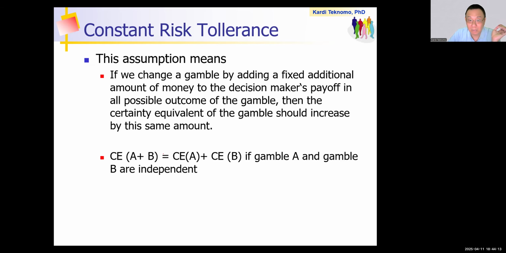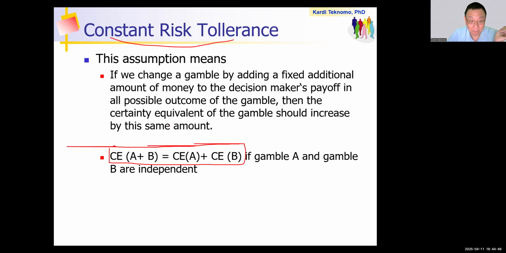So if you can see this value in the formula, then this is an indicator that gamble A and gamble B are independent. This is very similar to probability value. So that's the meaning of this constant risk tolerance.